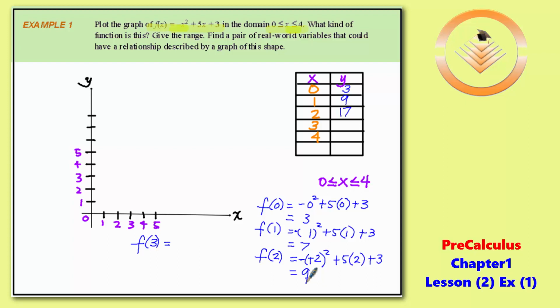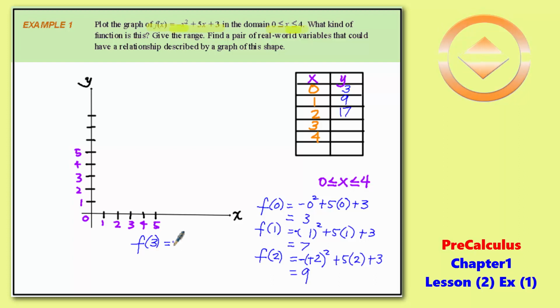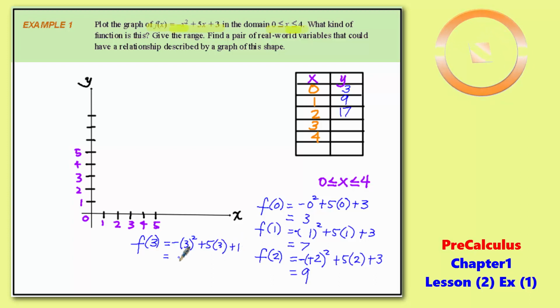If our x is equal to 3, we have negative 3 squared plus 5 times 3 plus 1. So we get negative 9 plus 15 plus 1.